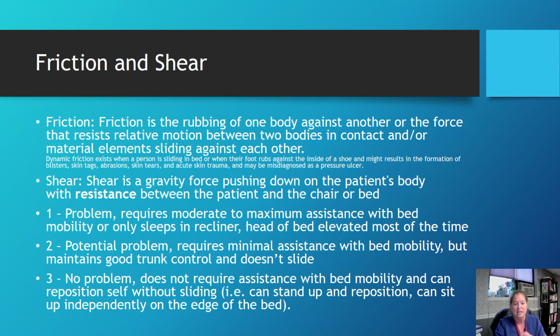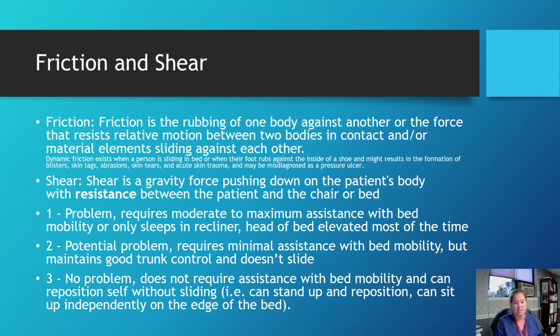It is happening. If we can't see it, if they don't have injuries, great, but it's still a problem. Because we can't see inside their body, we don't know what's happening, especially with the head of the bed elevated. Those tissues around the sacrum, the blood flow is going to get disrupted. You're going to have some shearing injury. And again, shearing is something that you see internally.